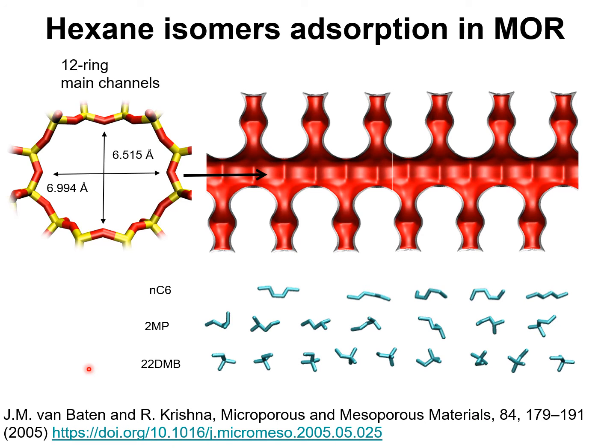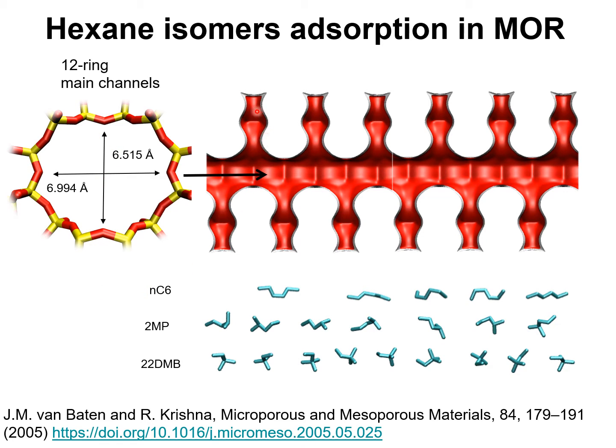We now demonstrate the principle of exploiting entropic effects to separate the isomers of hexane using mordenite as adsorbent. Mordenite has a structure that looks like this. We have a 12-ring channel, which is a one-dimensional channel with these dimensions.